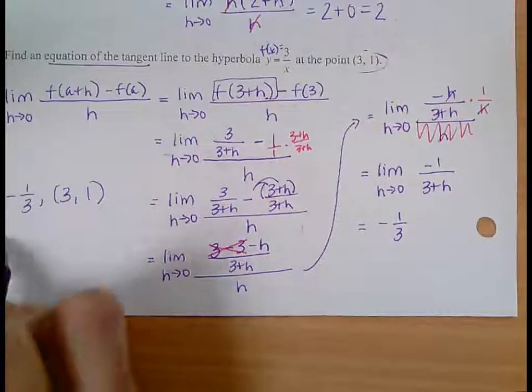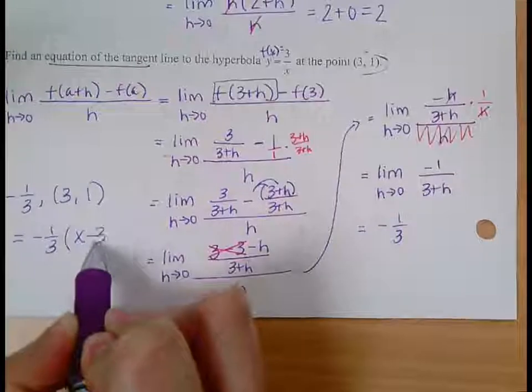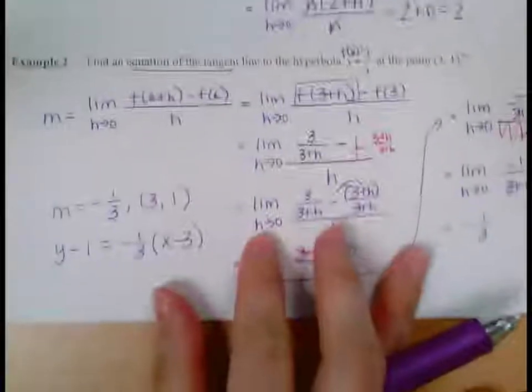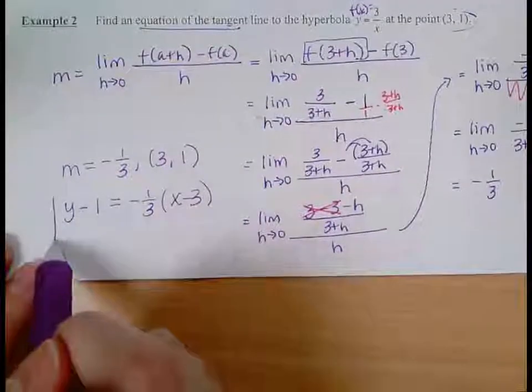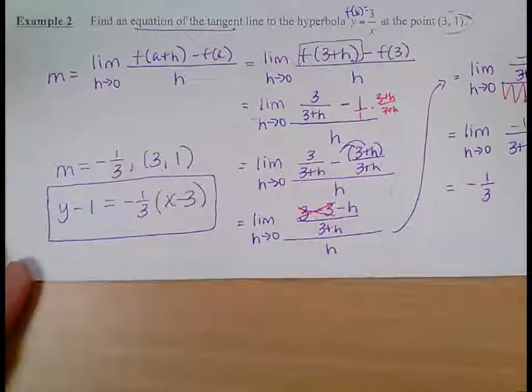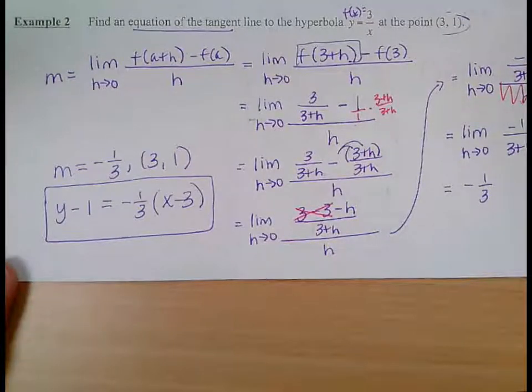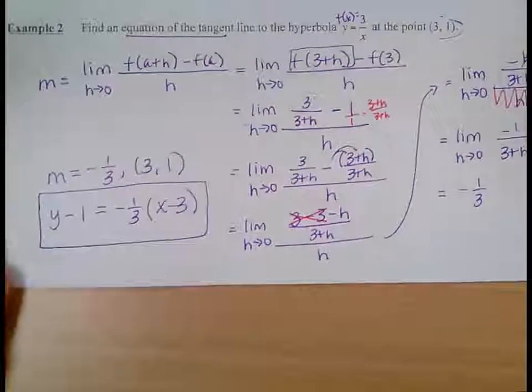You have y minus 1 equals -1/3 times the quantity x minus 3. Whoops, you can't quite see that whole thing. Here it is. It is fine to leave your equation in that form, but you can write it in slope-intercept form if you'd like.